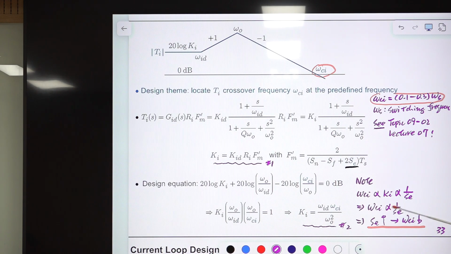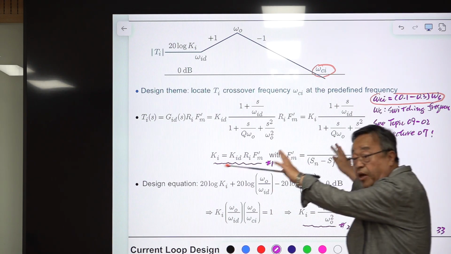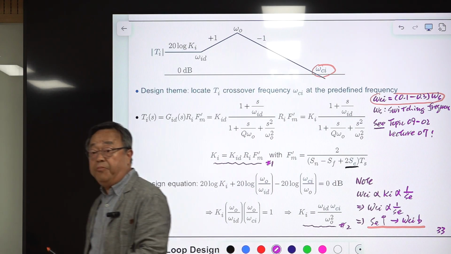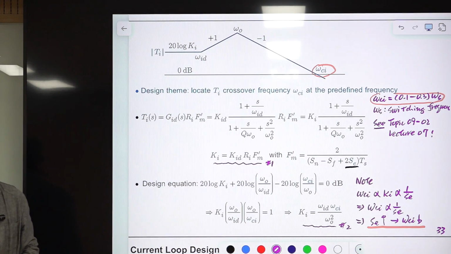So omega Ci is inversely proportional to Se. So if you increase the external ramp slope, then omega Ci will be reduced. Okay, the whole thing will be reduced. Eventually, you will lose all the benefit of using current mode control.